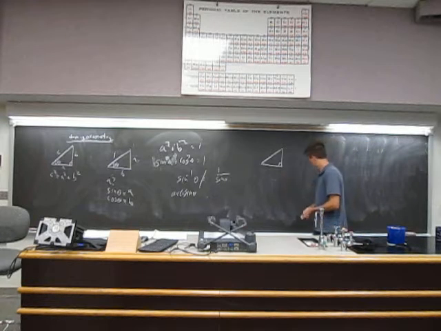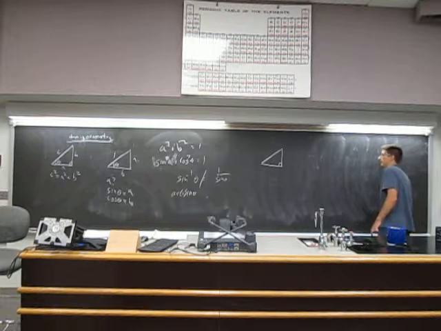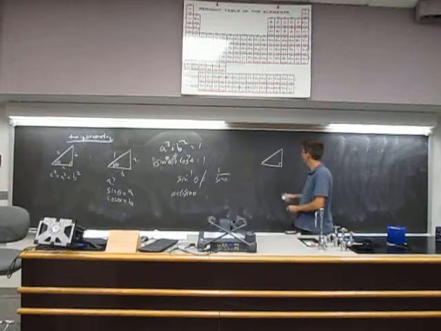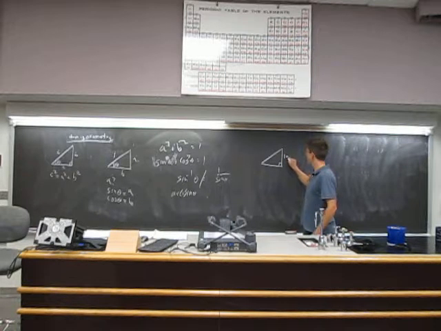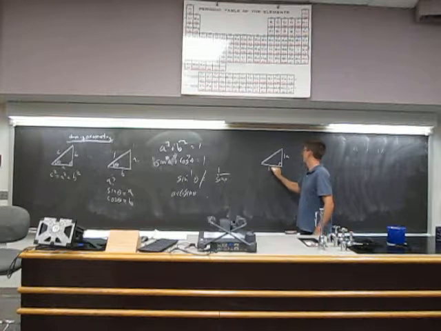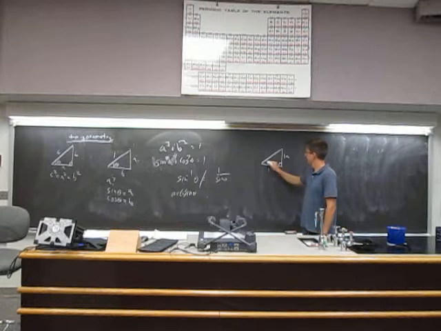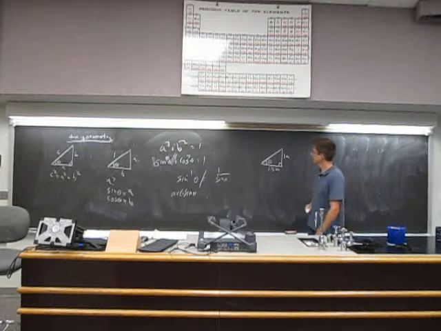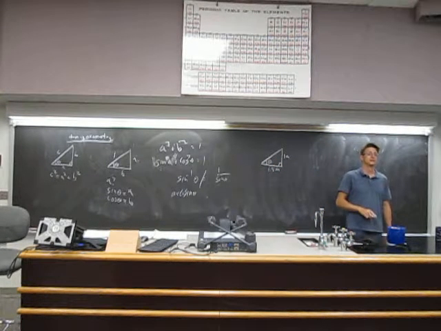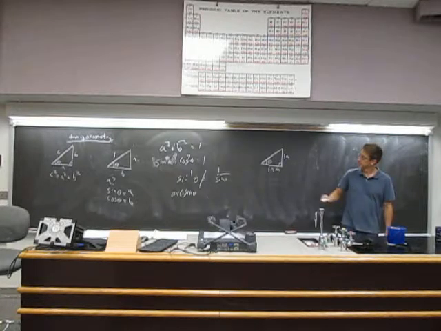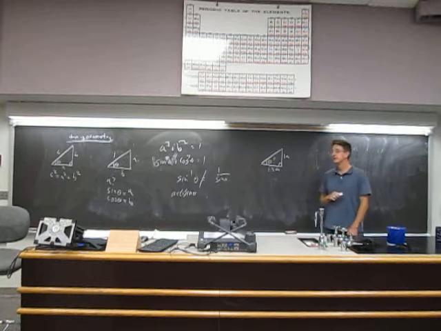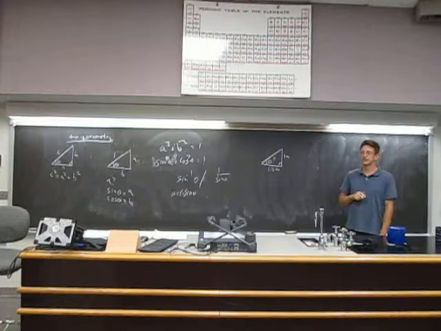All right. Let me see if I can do one other example. Let's say that this is 1 meter and that this is 1.5 meters, okay? Could you get that angle? All right, how do we do that?